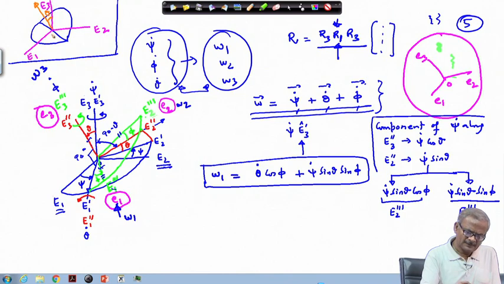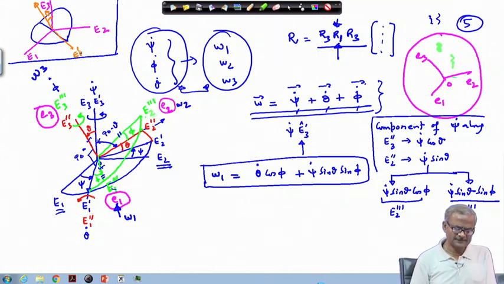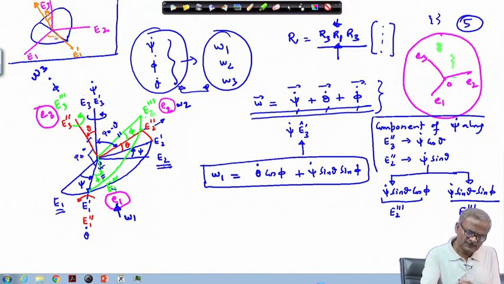And what we have shown here as E 1 prime, E 1 prime is lying along this direction. This angle is psi, and then E 1 prime is rotating from this place, and E 2 will also rotate from this place. So, E 1 prime, the next rotation you are giving about this axis itself. So, once you have rotated, you have rotated by theta. So, theta dot is shown along this direction, psi dot along this direction.